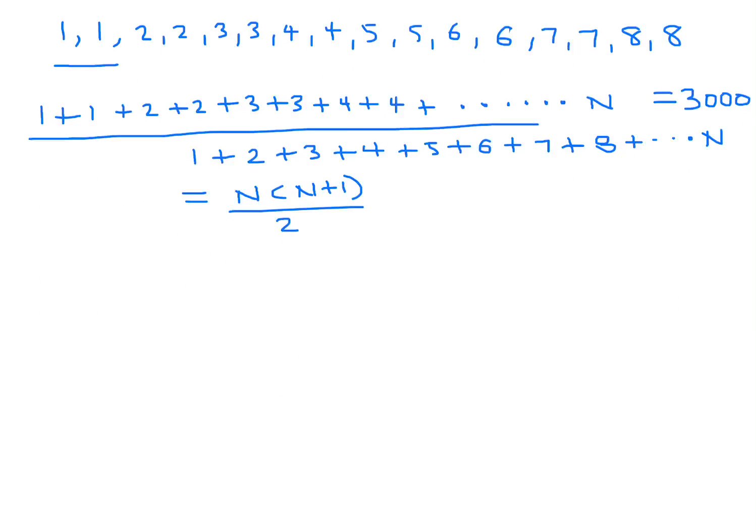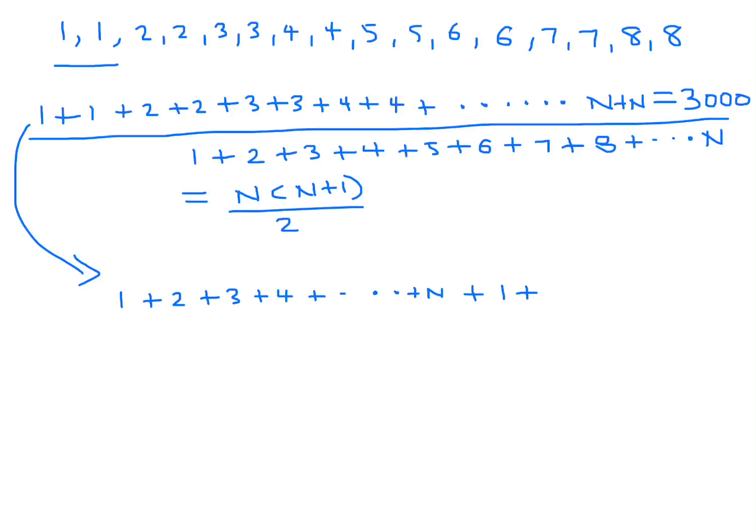So in this scenario, we've got 1 plus 1, 2 plus 2, 3 plus 3, like that. So what I'm going to do is say there's two n's, just to make my life easy. And therefore this becomes 1 plus 2 plus 3 plus 4 all the way up to n, and then there's another round of that, 1 plus 2 plus 3 plus 4 all the way up to n.